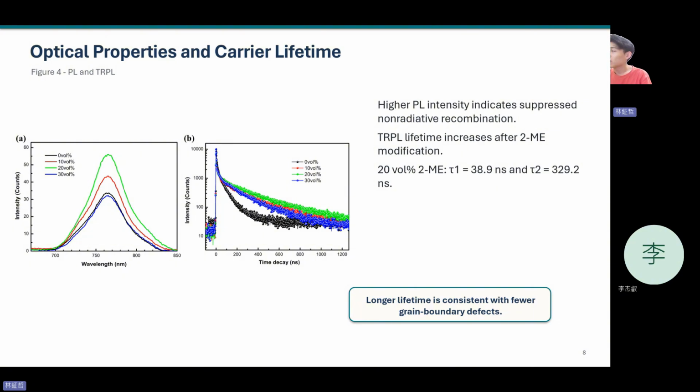A longer lifetime means the charge can stay longer before recombination. This suggests that the 2-ME film has fewer defects and better crystal quality, so the optical results support the idea that 2-ME reduces trap states in the perovskite films.